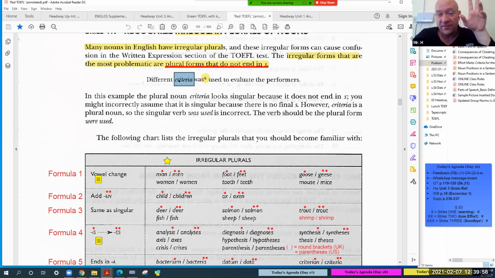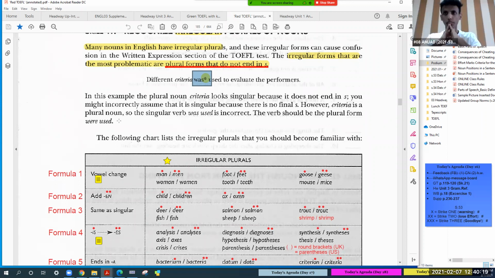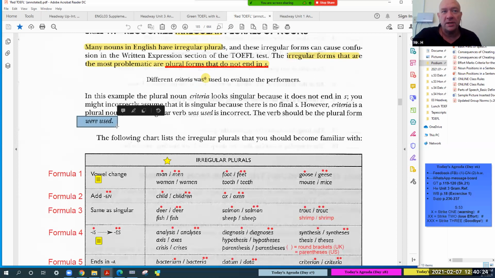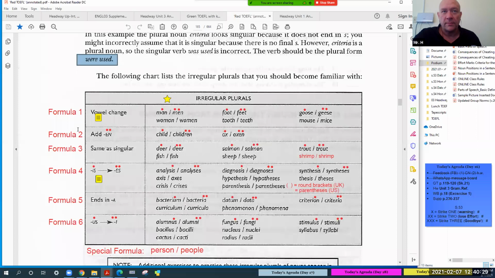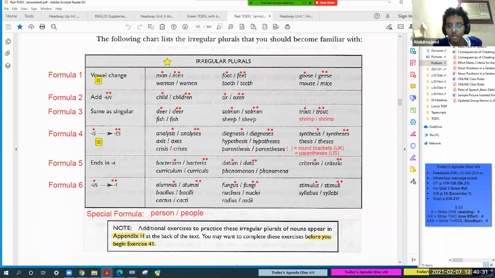There is no S here. So the problem: you must match the verb. A plural subject takes a plural verb. Got it? So instead of was used, we need were used. Is that clear, gentlemen?